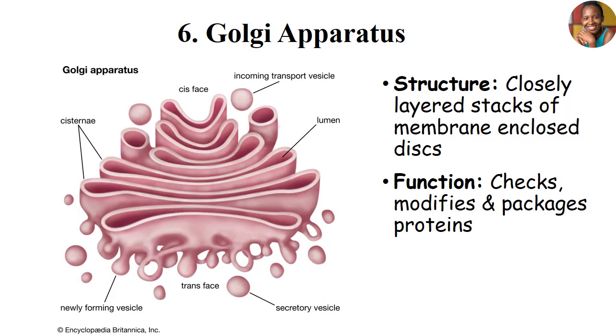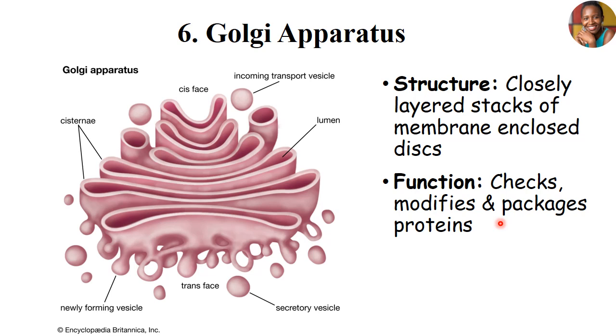Sixth, the Golgi apparatus. The Golgi apparatus is a structure of closely layered stacks of enclosed membrane, looking like discs. And the main function of our Golgi apparatus is to do checking, modification, and packaging of proteins.